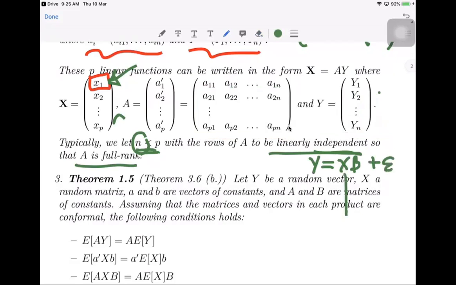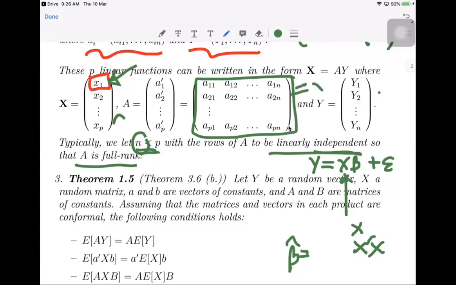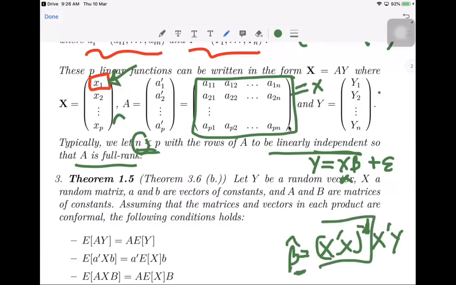We want this x to be full rank so that x prime x will be invertible, because you will see later that to compute your beta hat in terms of this design matrix, this A, this is the x in your estimator beta hat. You will see that this is equivalent to x prime x inverse x prime y to compute for your beta hat. So it is dependent on this.